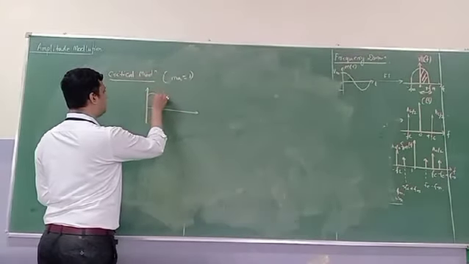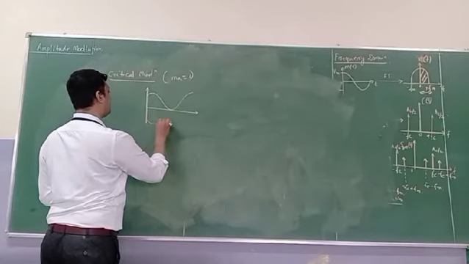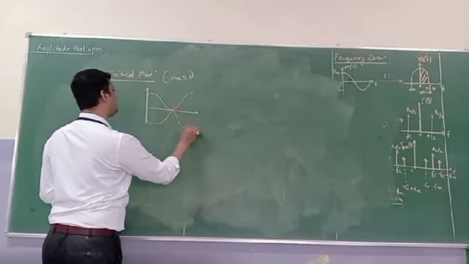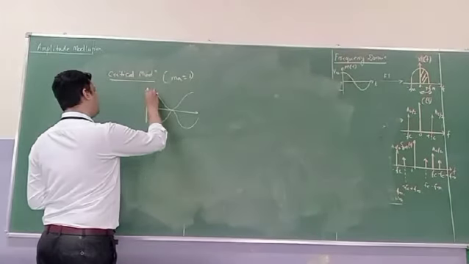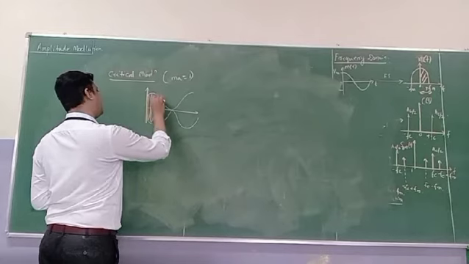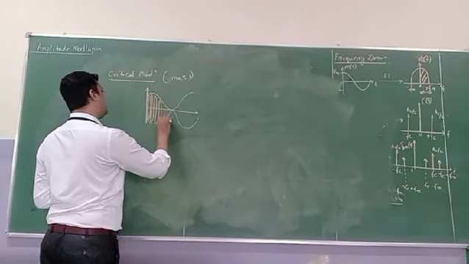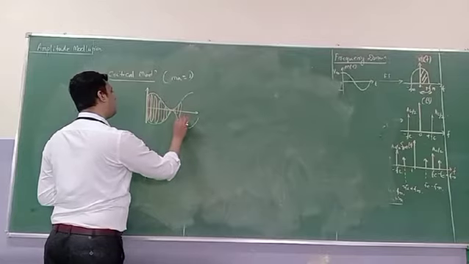This is your modulated signal. It will just touch at the zero crossing, and your carrier is available here. In this case, there is no phase change of the carrier, neither is there a change in the frequency.